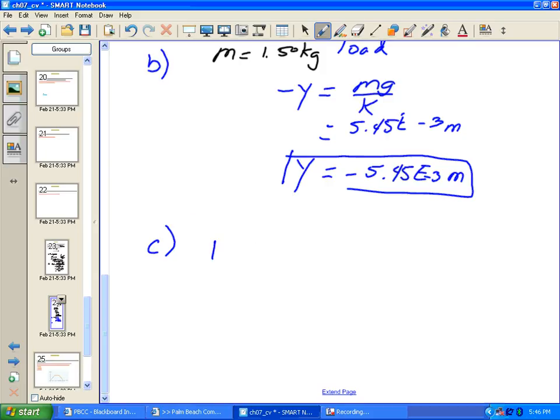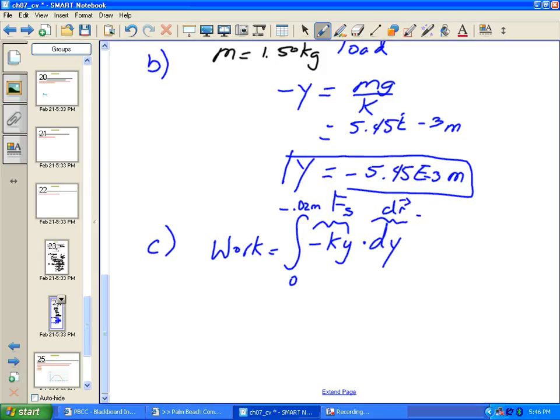Okay, so work is equal to the integral, and here we must be very careful that we use the integral form because F sub s is a force that is variable with displacement. So we have to keep that in mind, and our displacement will be from 0 to minus 0.02 meters.